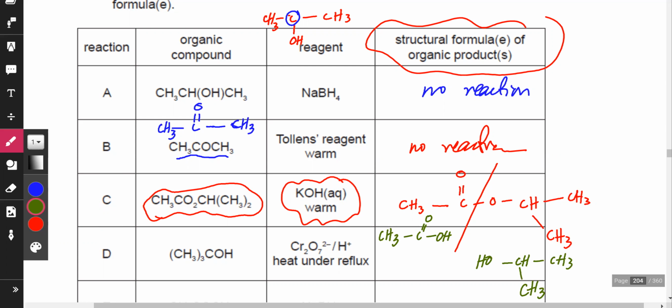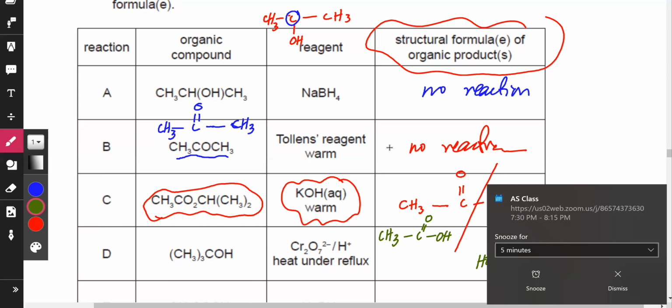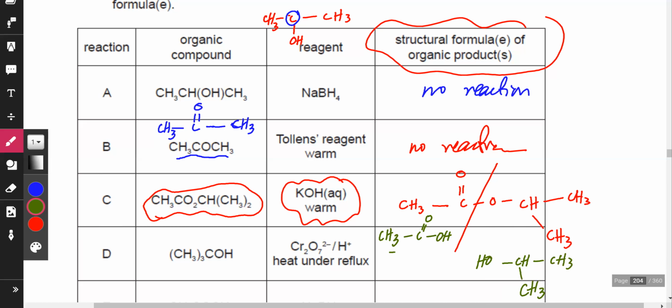As I remember, I told you when we were doing hydrolysis that if an alkali is added, you never get the carboxylic acid. You always get a salt of the carboxylic acid because the KOH is going to react with this carboxylic acid to form a potassium salt. So this is not going to be produced. Instead, this is going to be produced. Is this clear? This is O levels. Is this clear?